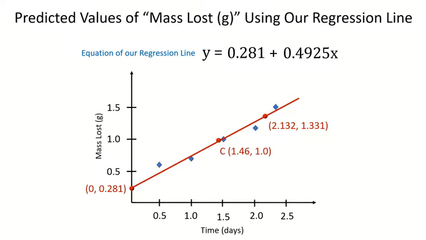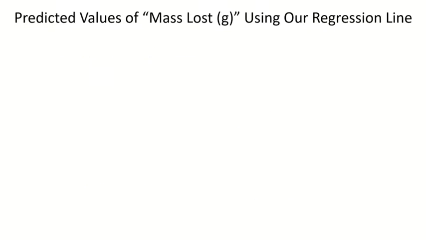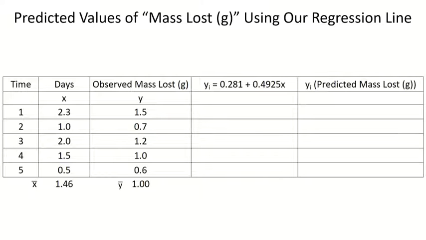So we can now predict the values of the mass lost in grams using our regression line. Okay, so using the equation of the line, we can simply input x and y's to predict the values of our mass lost.